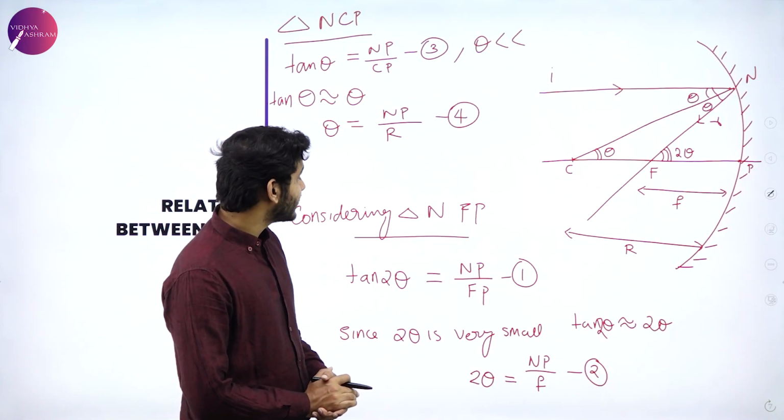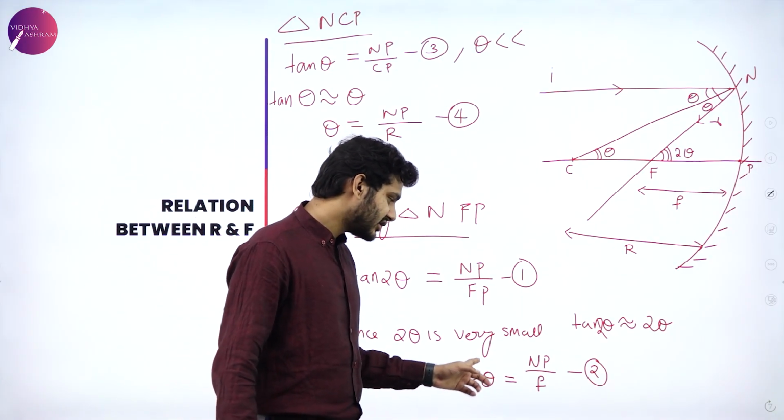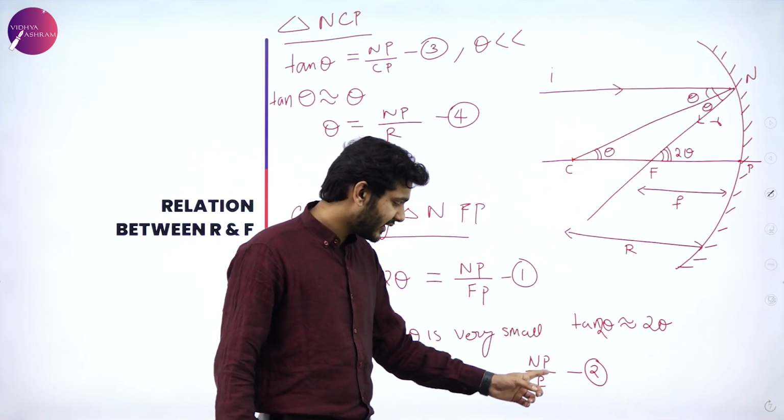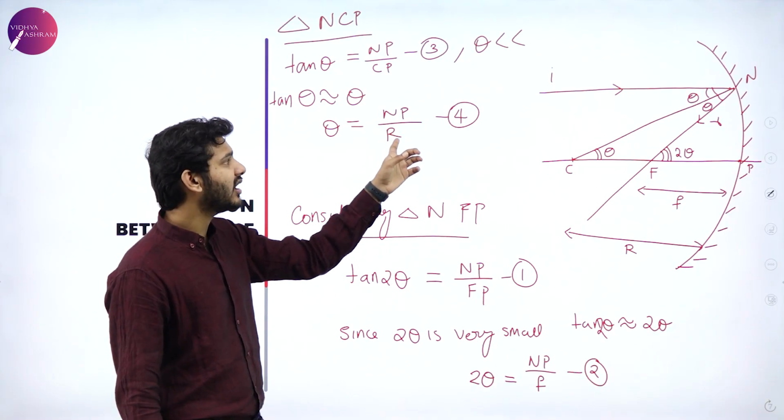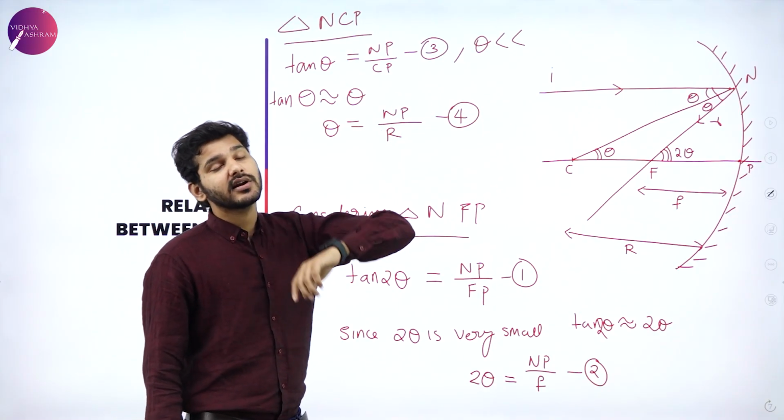So again, now we have two relations. The first relation is that 2 theta is equal to NP by f, where f is the focal length. And finally, we have theta is equal to NP by R, where R is the radius of curvature.